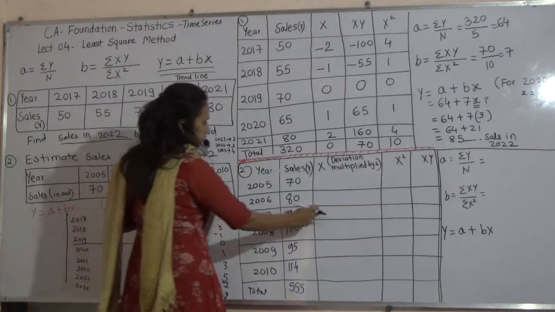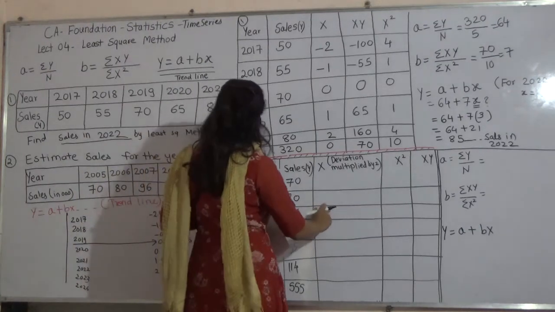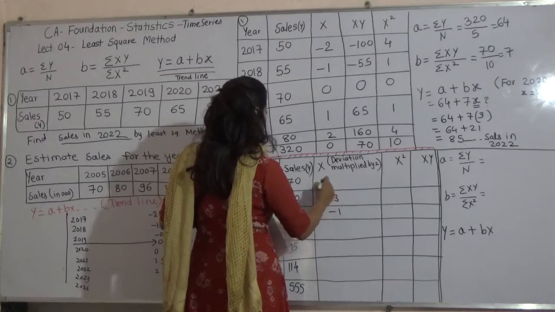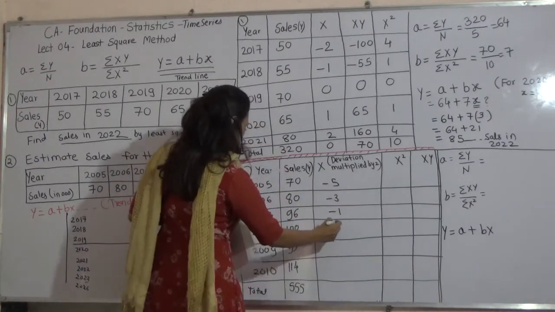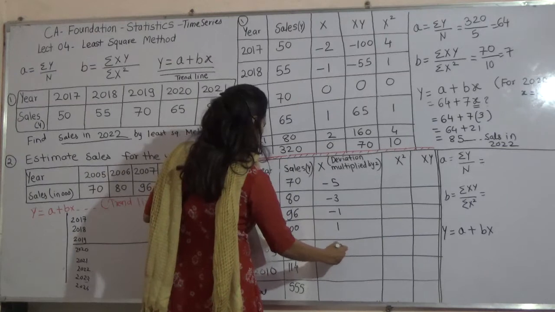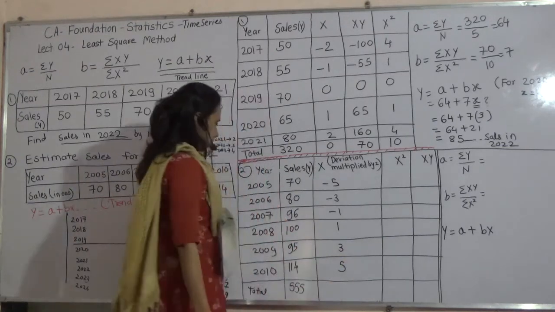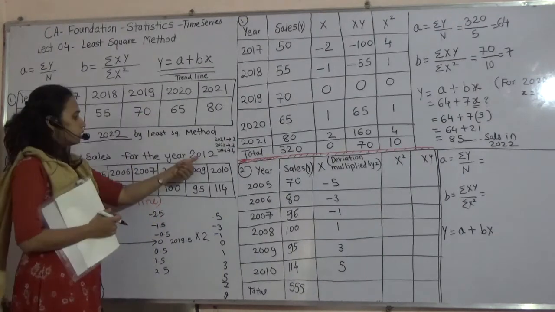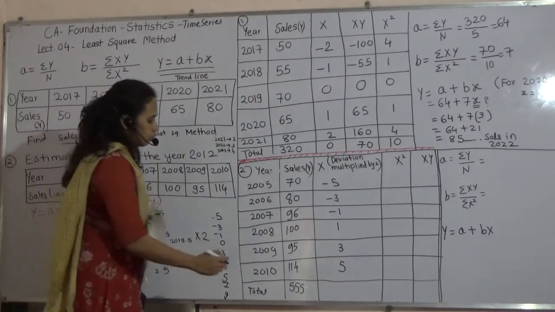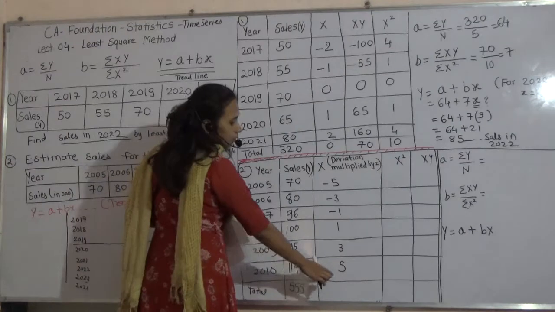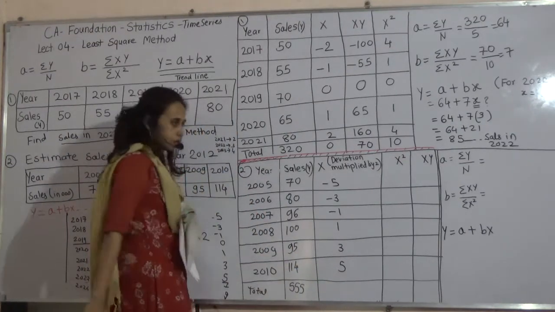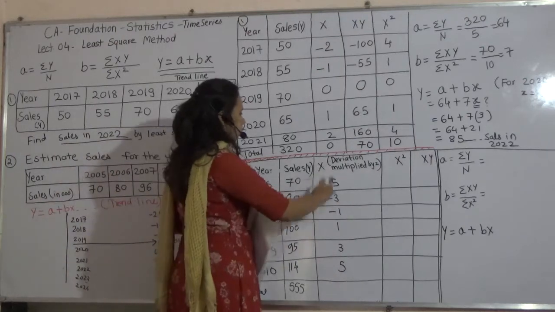Over here, it's minus 1, minus 3, minus 5, 1, 3 and 5. Okay. Now they have asked you the cells of 2012. Now you tell me, for 2011 it will be 7. For 2012 it will be 9. Okay.